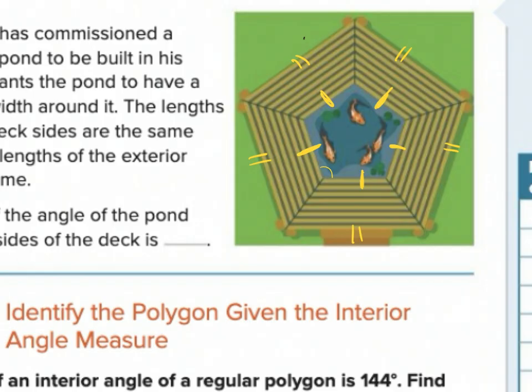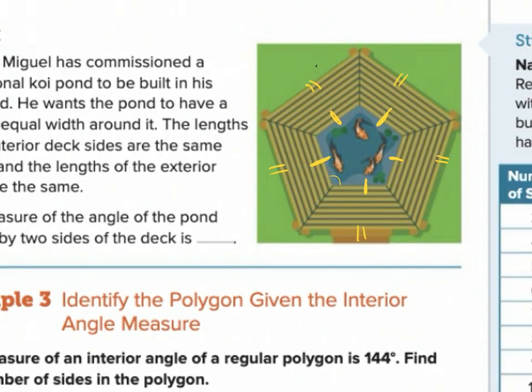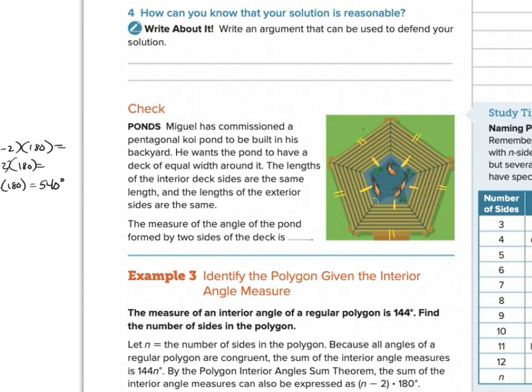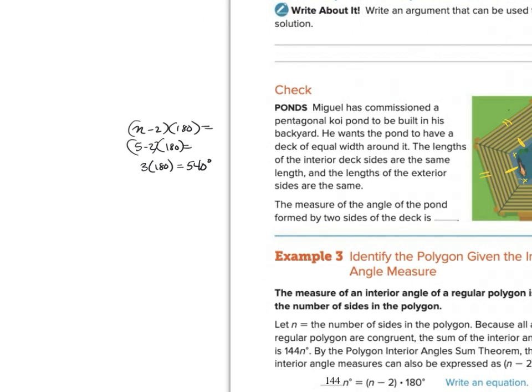If you couldn't remember that, you can deconstruct it, right? I got 1, 2, 3 triangles, so I could have multiplied by 180. Okay. And then since all my sides are the same, it's a regular polygon, so I know that all of these angle measurements are the same. So I just simply have 6x is equal to 540 degrees, divide both sides by 6.